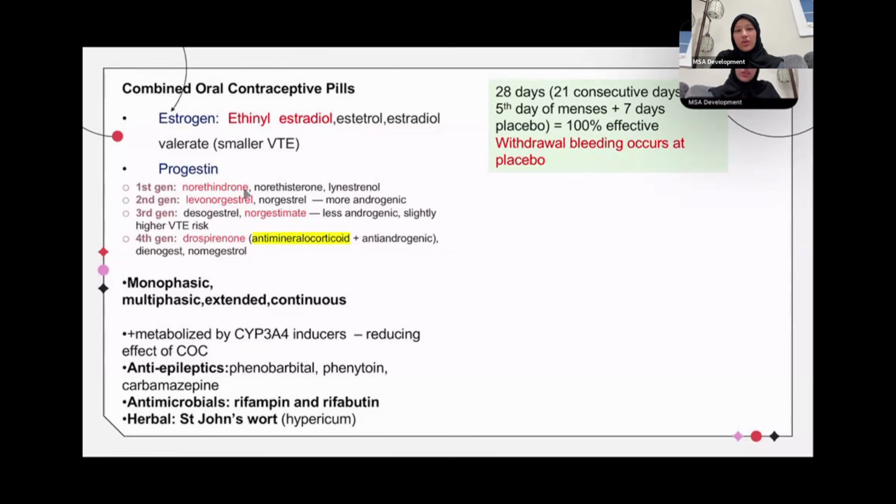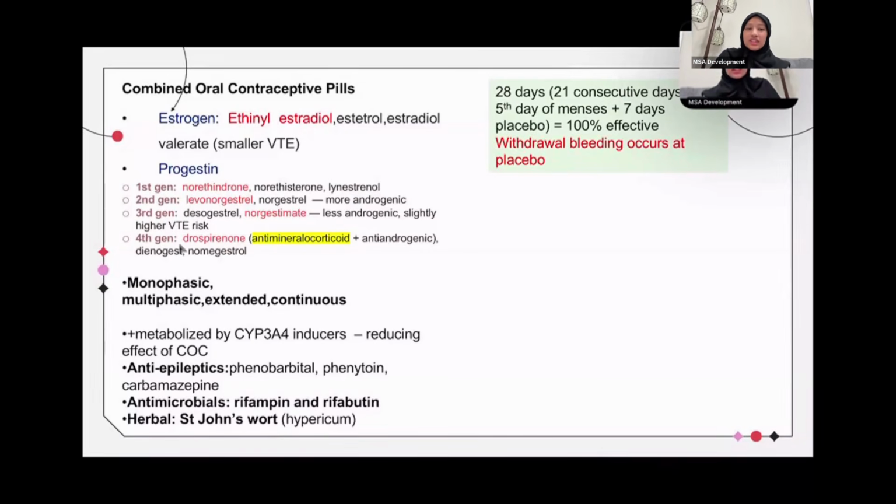Norethindrone, ethynodiol diacetate, if you hear these names, they are progesterone. Levonorgestrel, norgestimate. What is the difference? Second generation is more androgenic. Third generation is less androgenic. That's more than enough to know. I don't think they will ask which one is which, so you're good with that.